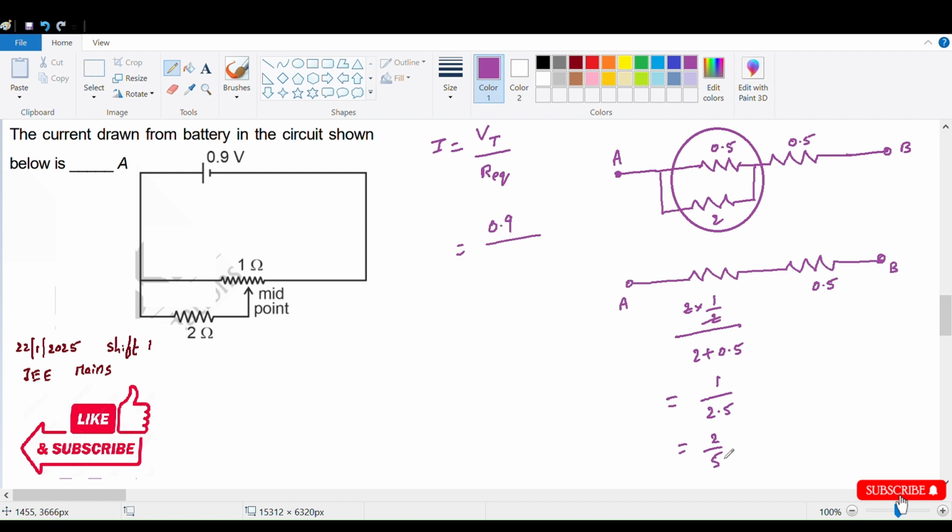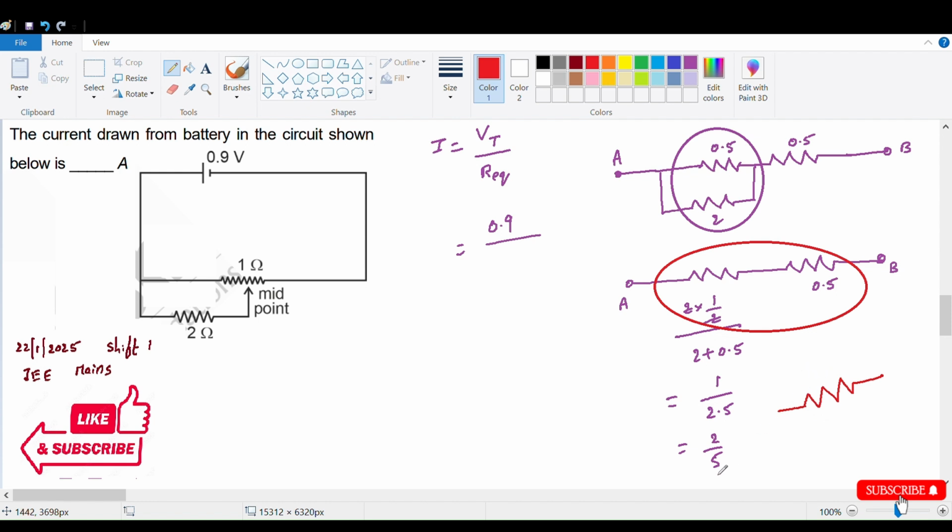Now this value and these two are in series. Together you can treat them as one resistor. The final answer will be that. So the final answer will be of one resistor, that is 0.5, which means 1 by 2.